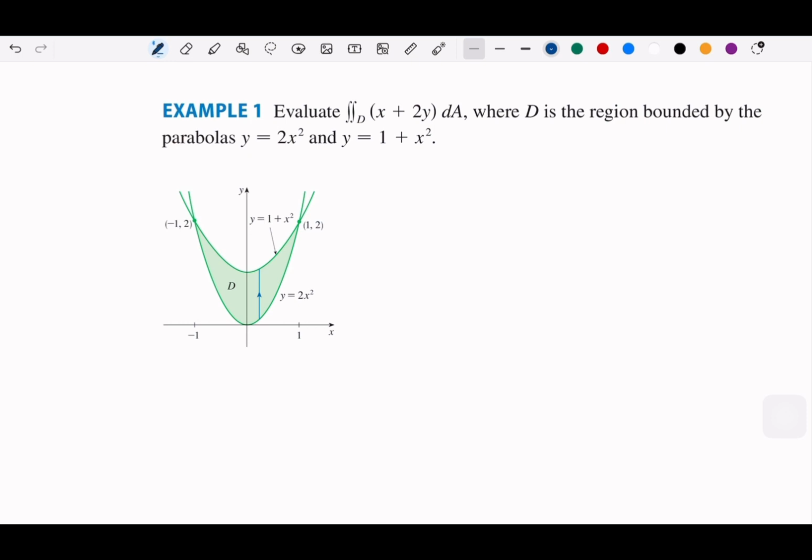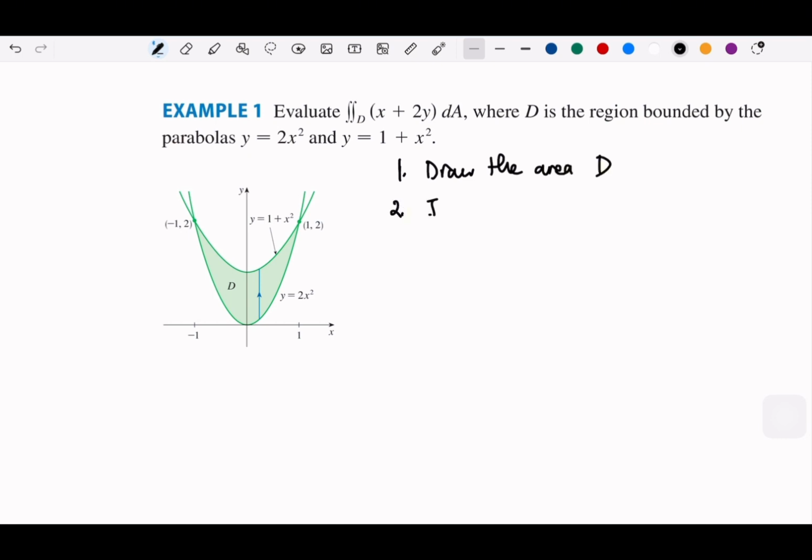So first we have y equal to x squared, and this is 1 plus x squared. So we have y as a function of x, right? So we could use that for the inside, and for the outside, we need to find the intersection point. Let me write some steps. Sometimes we are not given the picture. So first, usually, what we need is to draw the area.